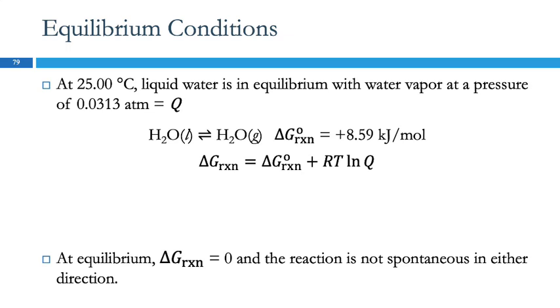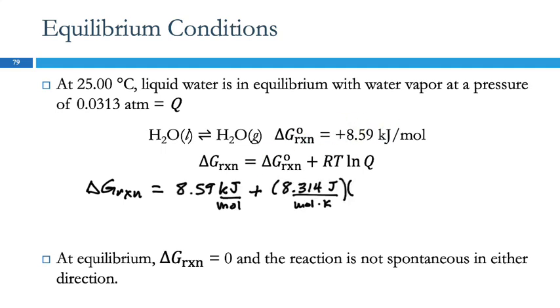So at 25 degrees Celsius, liquid water is in equilibrium with water vapor at a pressure of 0.0313. So let's calculate what delta G for this reaction is. Delta G equals the standard free energy change. That's given right here.